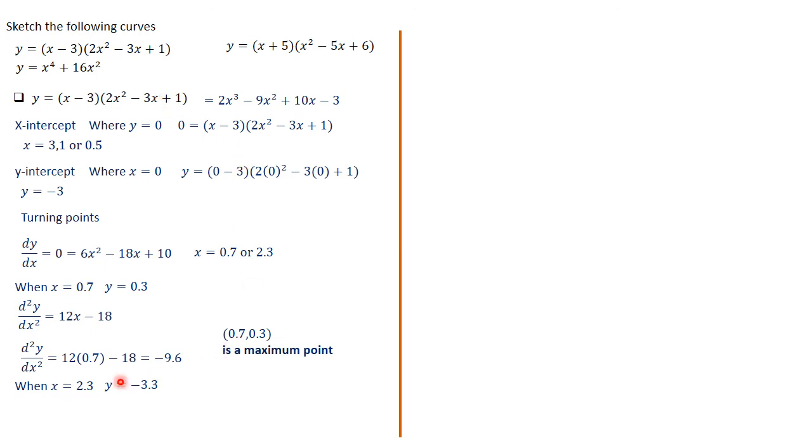So we have a turning point at that particular point, (2.3, -3.3), and to test it, we take the second derivative of 6x squared minus 18x plus 10, differentiating that further, we get 12x minus 18. So we put the value of x to be 2.3, the answer will be 9.6, and therefore, since it's positive, it becomes a minimum point. The point (2.3, -3.3) is a minimum turning point. We have the things that we now need so that we can sketch the curve.